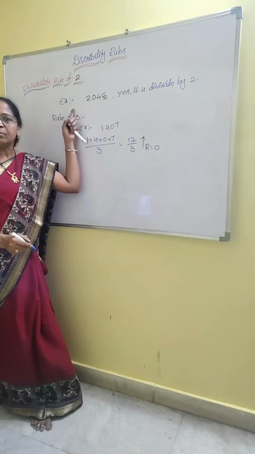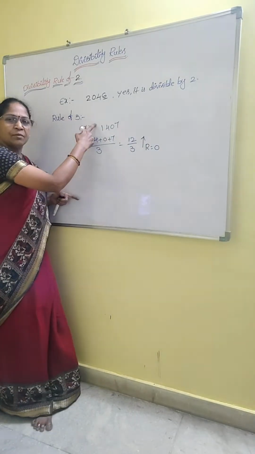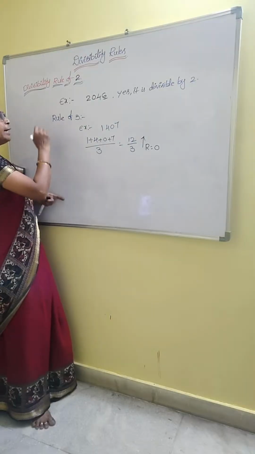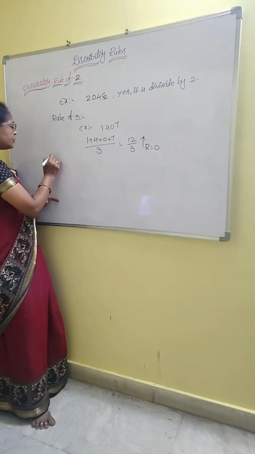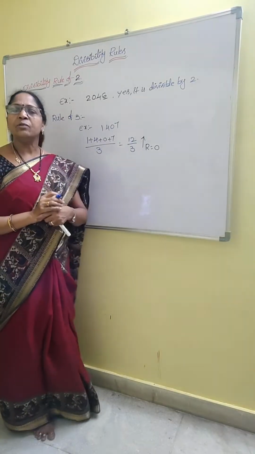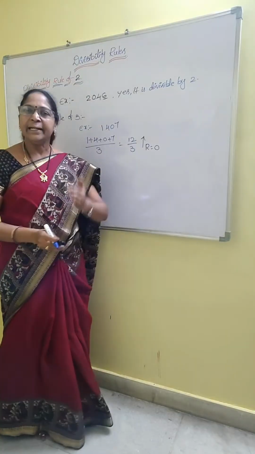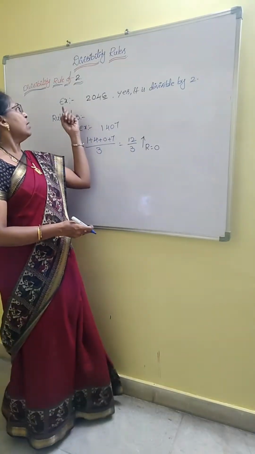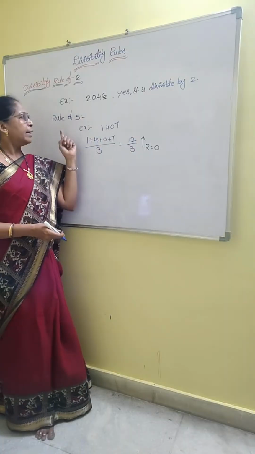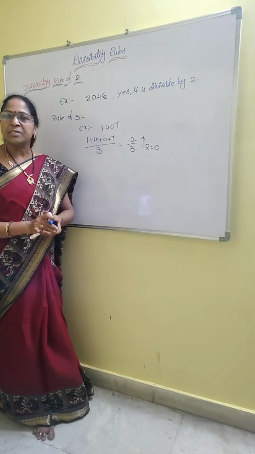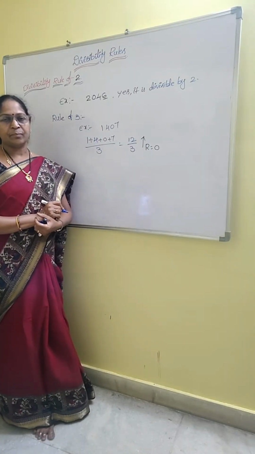So divisibility rule of 2 and divisibility rule of 3 are over. Next one is divisibility rule of 4. One thing I want to say here, some related rules are there. First divisibility rule of 2, next 3, and after 2 and 3 you have to learn the rule of 6. Why?